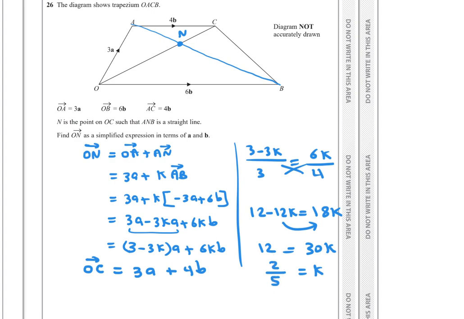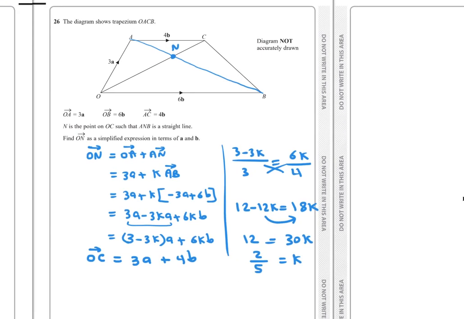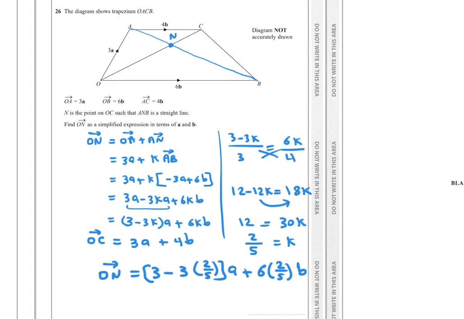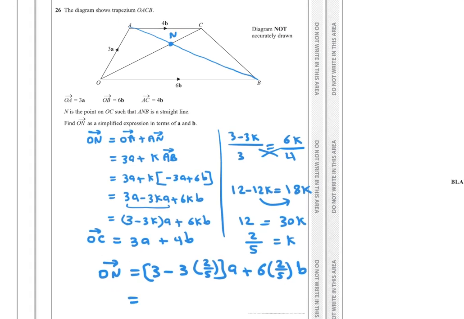Then you can find ON. ON equals (3 minus 3 times 2 over 5) a plus 6 times 2 over 5 times b. So equals 1.8a plus 2.4b.